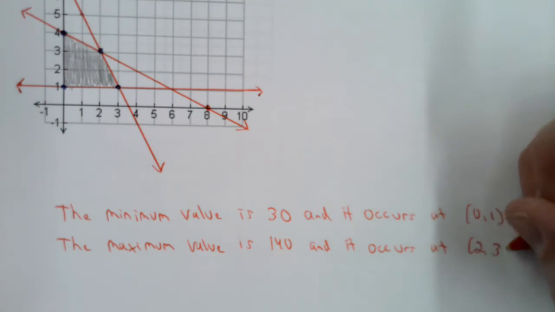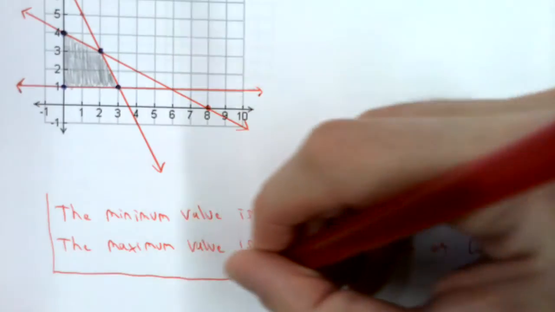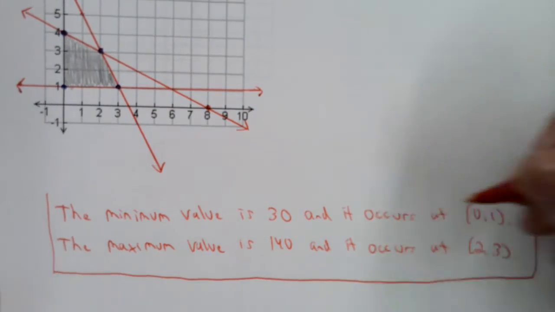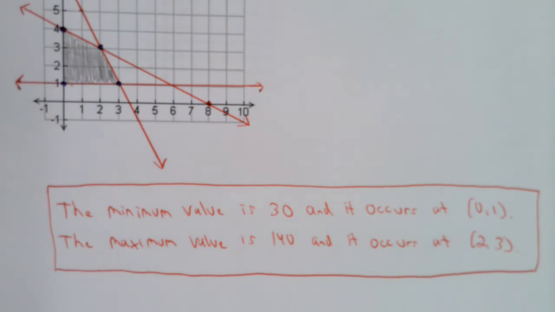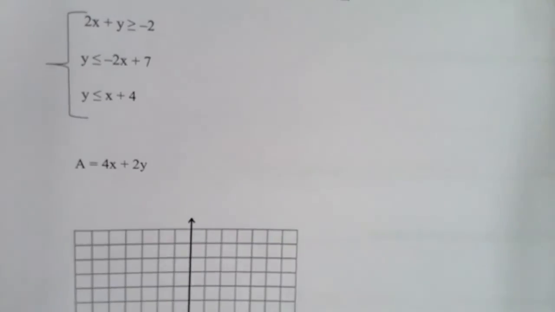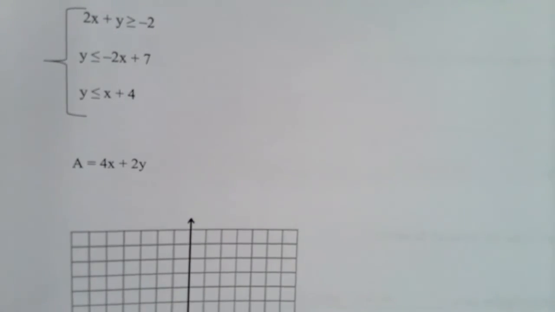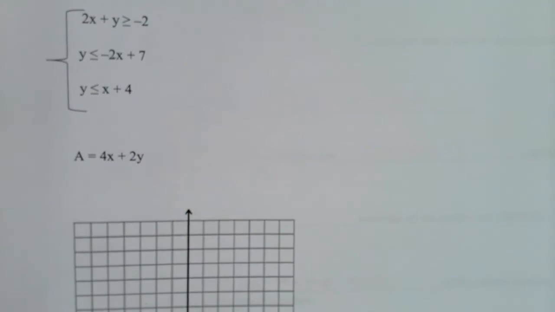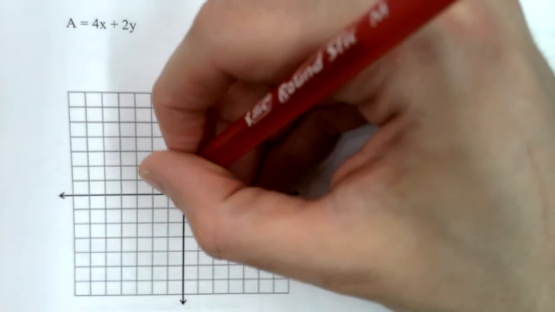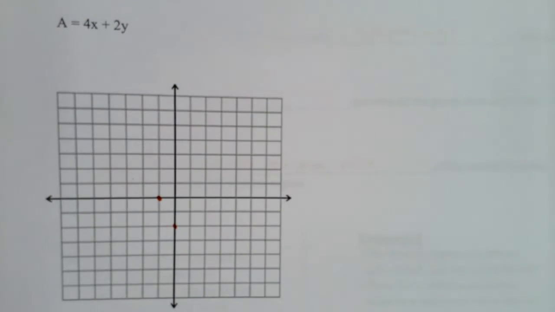Okay, we have one more problem to do. Those first 3 examples all had a bounded feasible region. This last problem has an unbounded feasible region. So let's see what that looks like. I'm going to go a little fast through the graph because we've done a lot of this already. Our first line has an x-intercept of -1 and a y-intercept of -2.